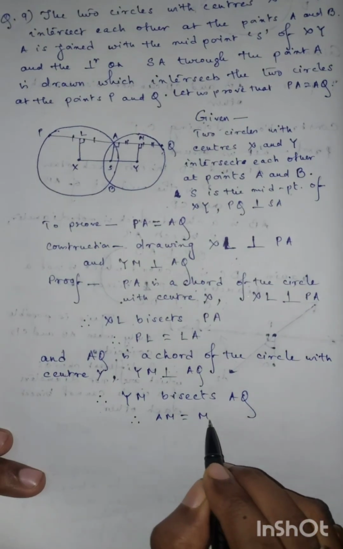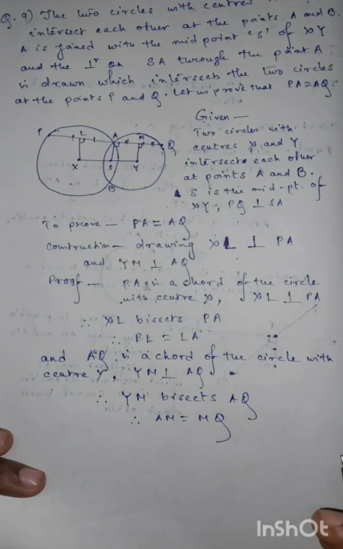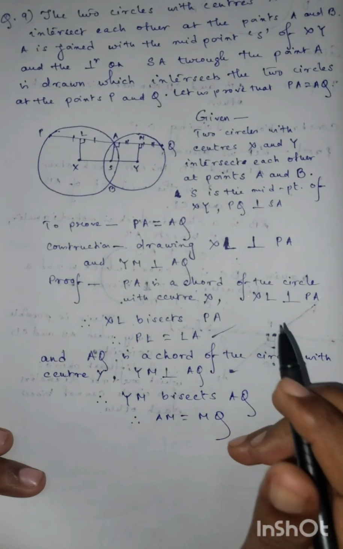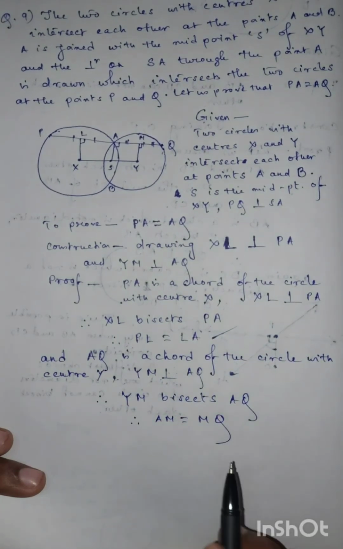AM equal to MQ. So we have got PL equal to LA, AM equal to MQ.